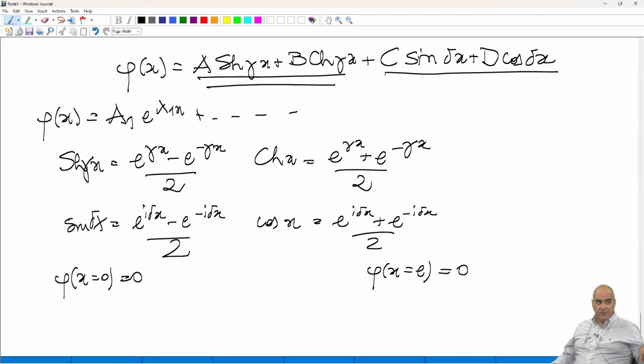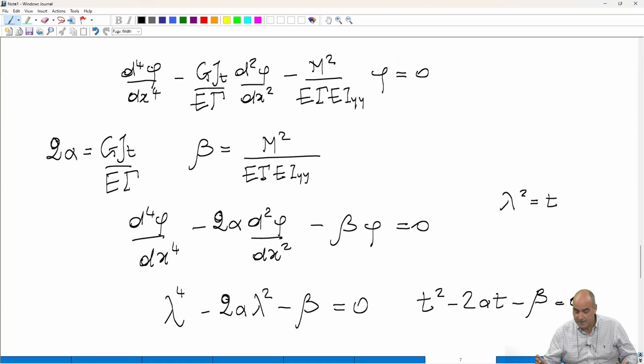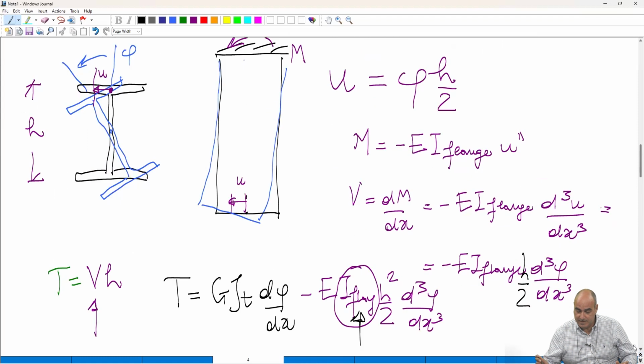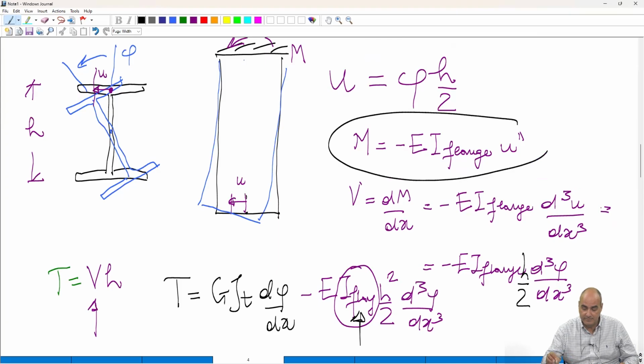If the warping is free, you do not have parasite effects. The parasite effects are here. If your warping is free, this moment is equal to 0.